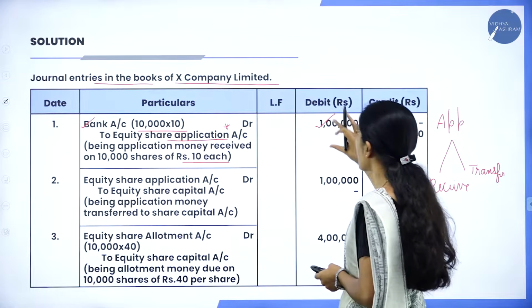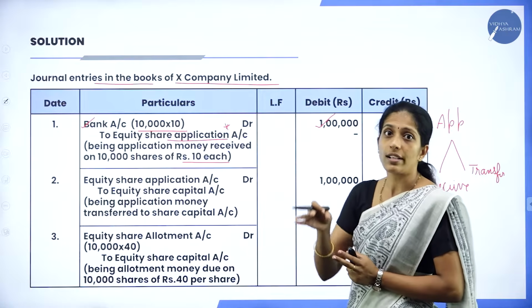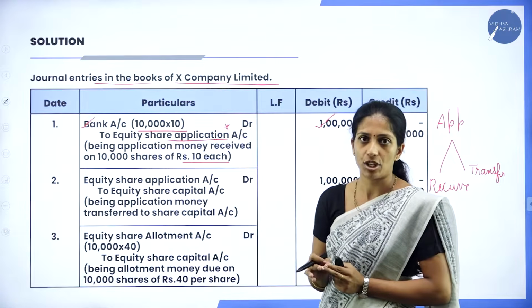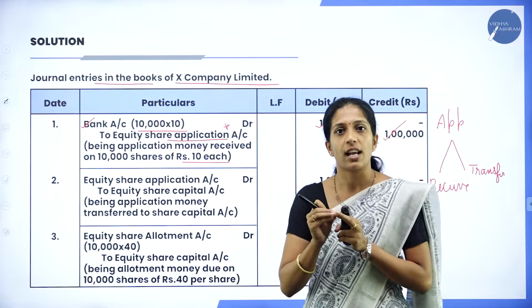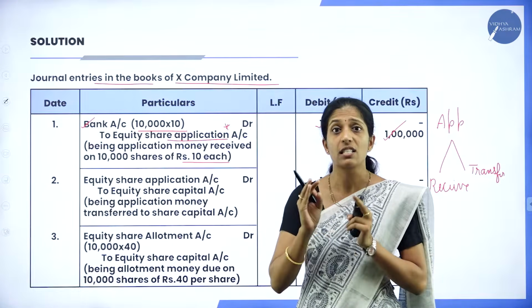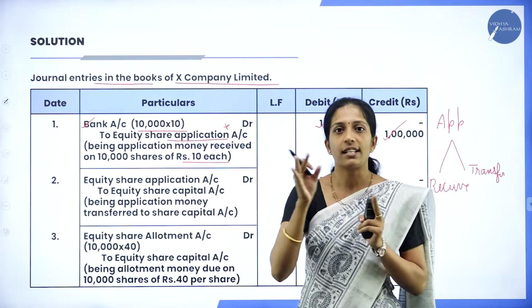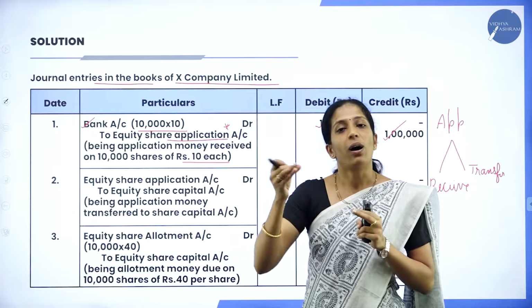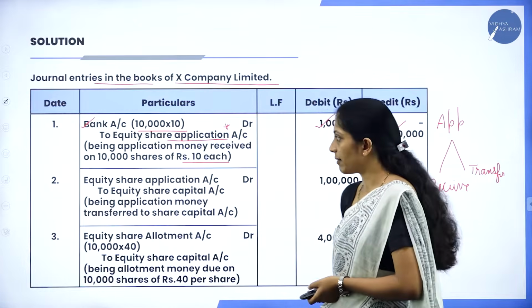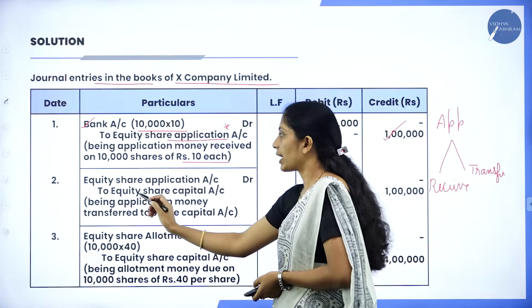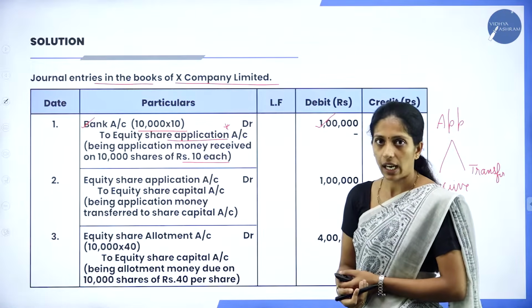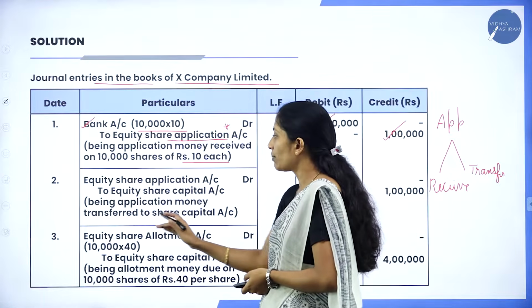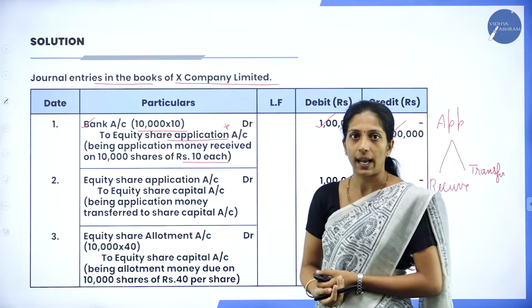You will write the same amount here because all the shareholders have paid the application money. There is only one stage where they have not paid the amount, that is the first and final call. We shall see that later. Till then, all the amount has been duly received. So, equity share application account debit to equity share capital account, being application money transferred to share capital account.